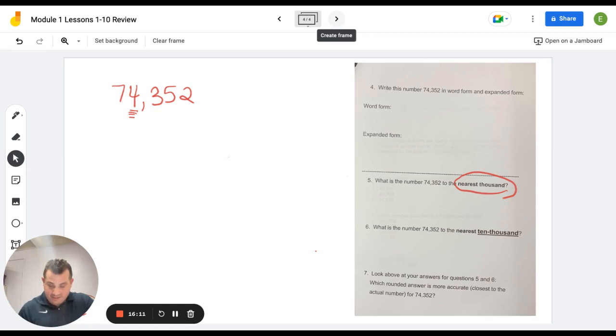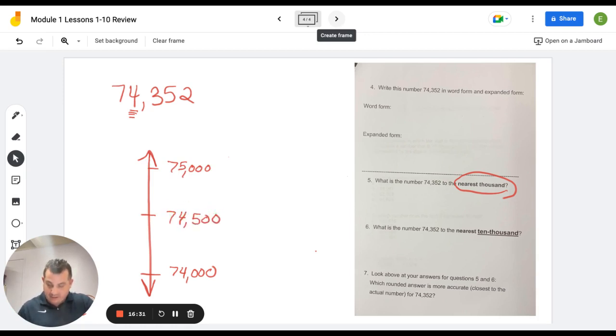So if I did my vertical number line, that 4, I'm starting with 74,000. Up top will be 1,000 more, 75,000. And what number is in the middle? 74,500.